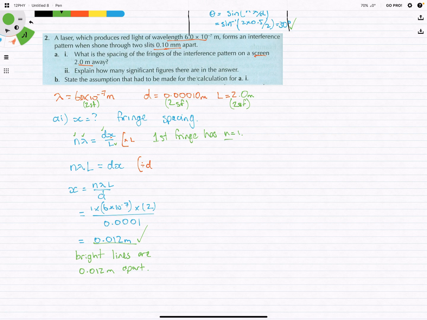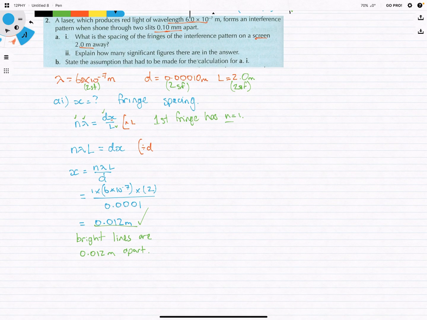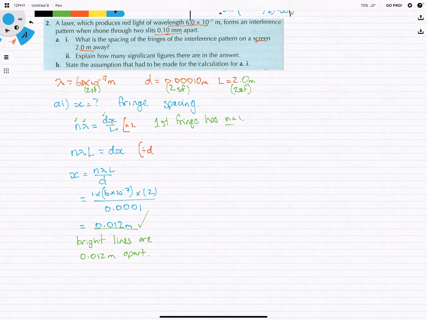So all of our data has 2 significant figures, so use 2 SF in the answer. Great. Done.